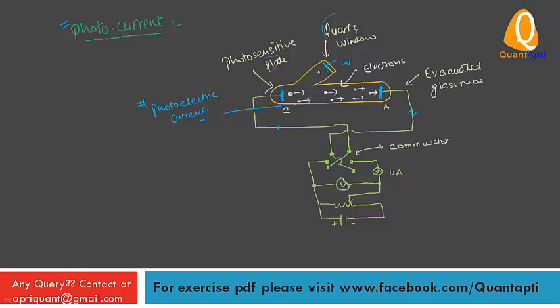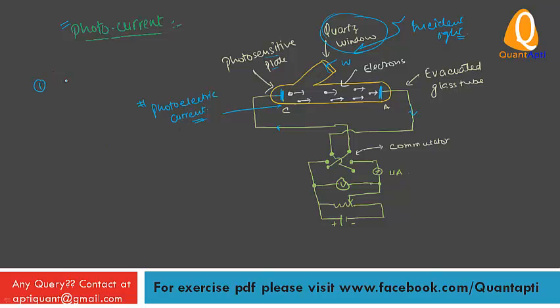The intensity and frequency of the incident light can be varied, and the potential difference between C and A can also affect the photoelectric current.